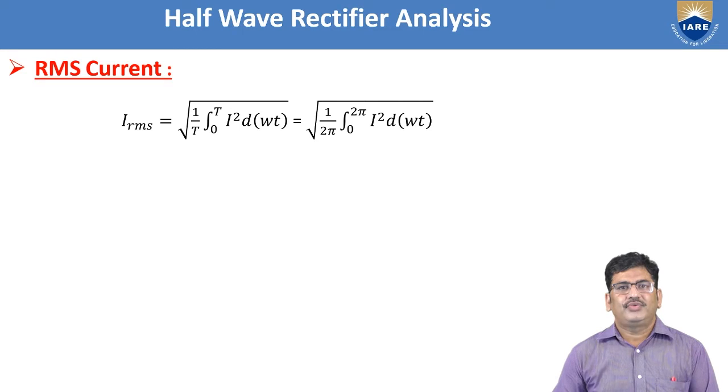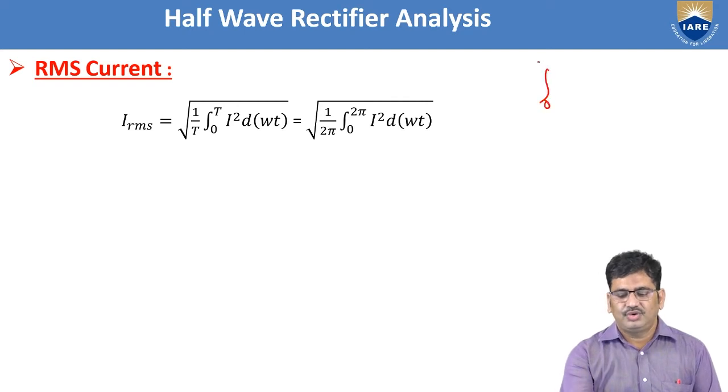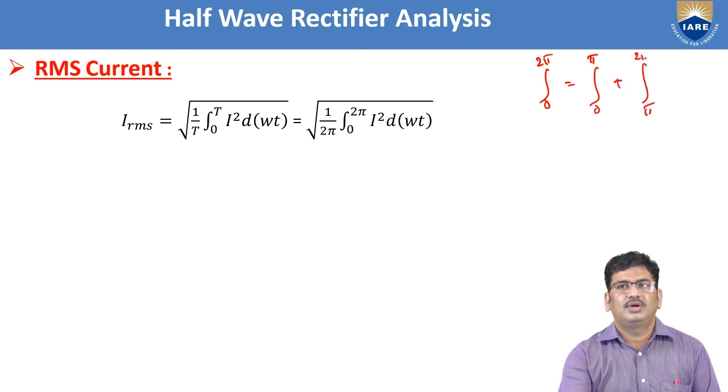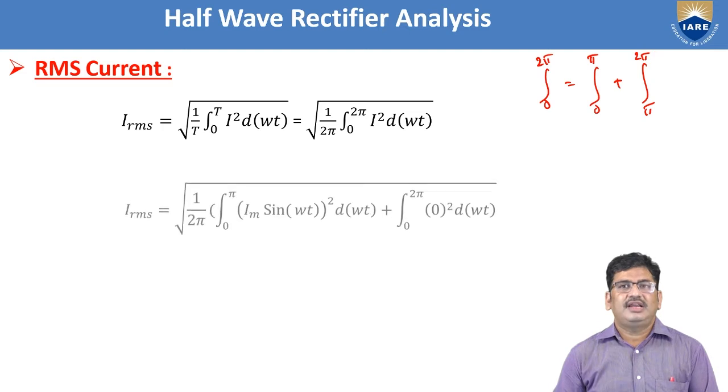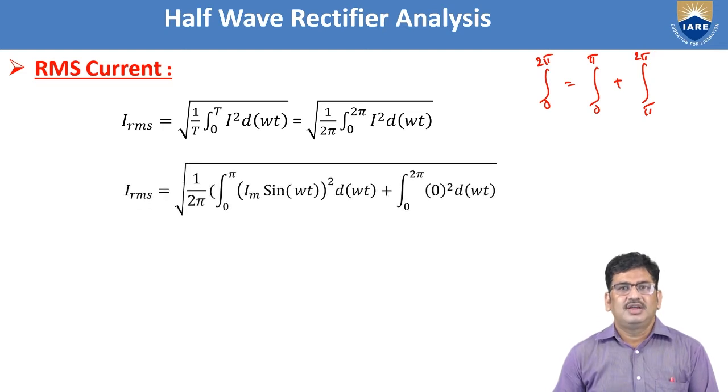For the half-wave rectifier, the output current does not have the same expression for 0 to 2 pi. So we split the integral from 0 to 2 pi as the sum of two integrals, 0 to pi plus pi to 2 pi. By splitting the integral, we can rewrite the IRMS expression as 1 by 2 pi, integral 0 to pi.